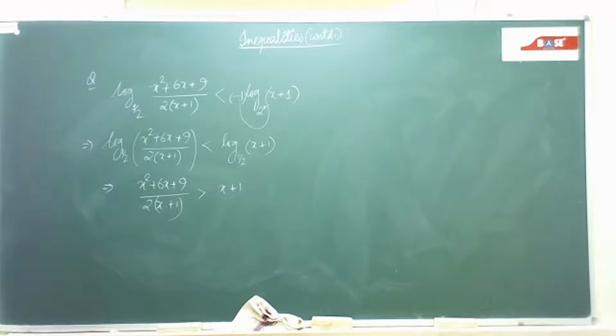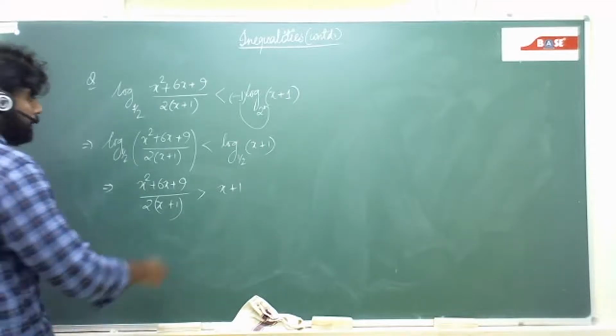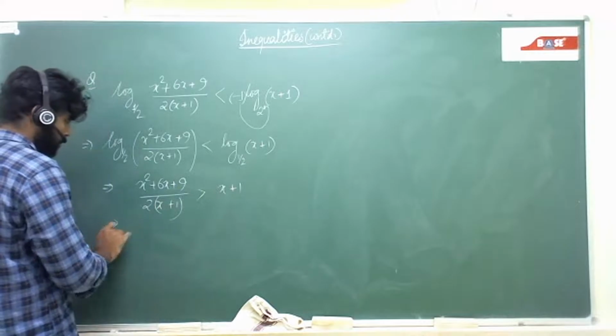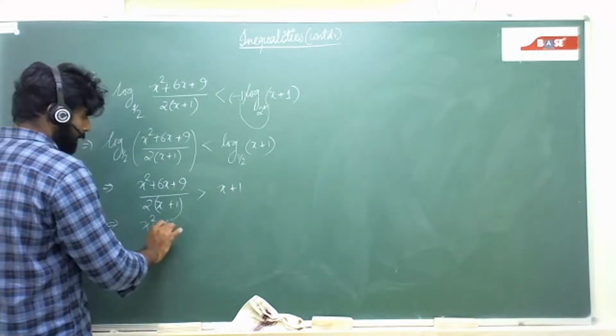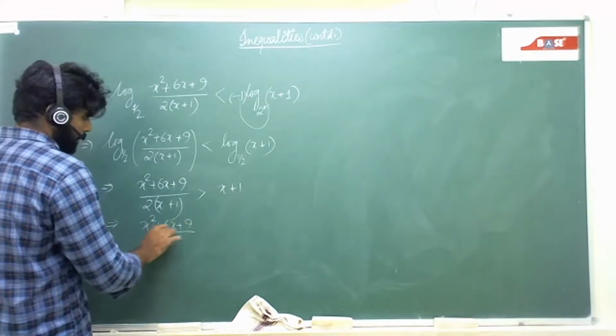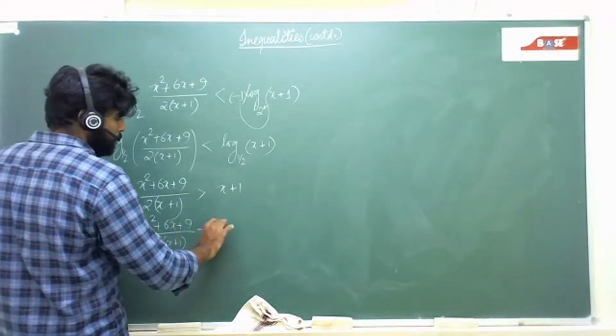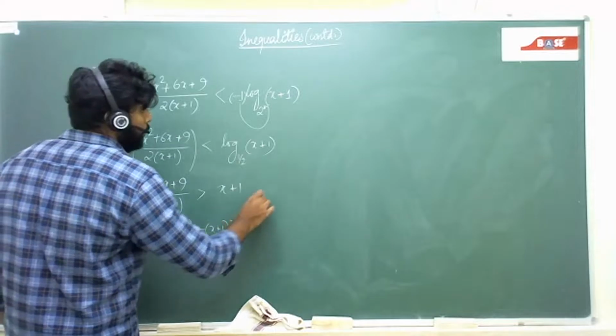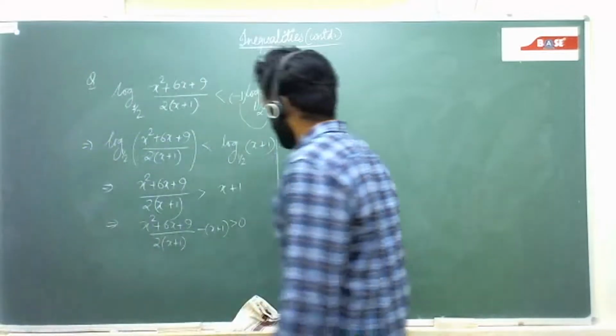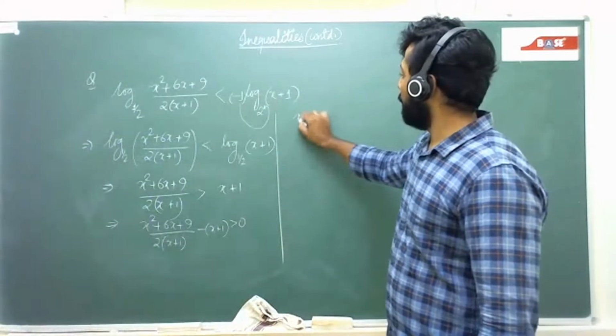Moving on. What will we be doing here? Just transpose. So x square plus 6x plus 9 divided by twice of x plus 1 minus x plus 1 is more than 0. Now take LCM and simplify.